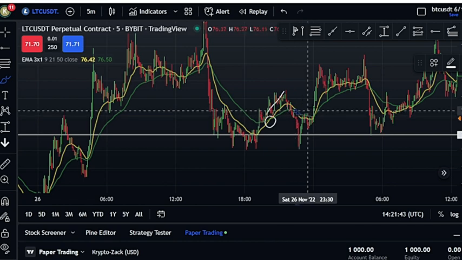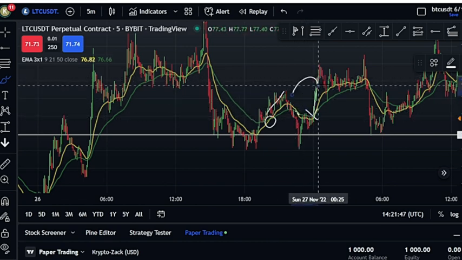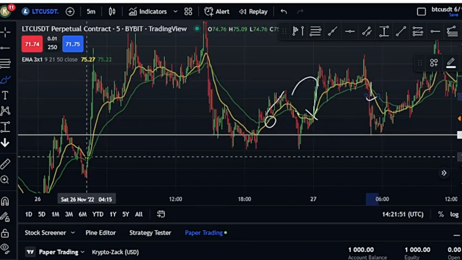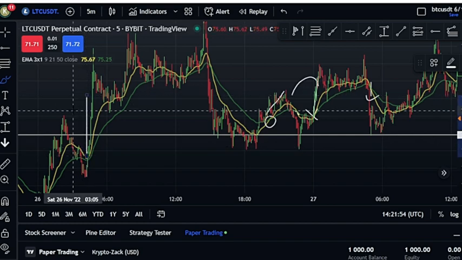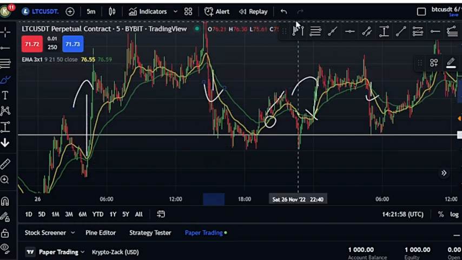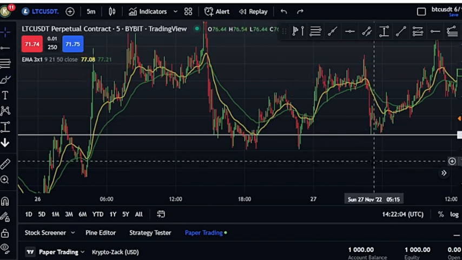Then we crossed again here up, and then another move up, right? Move down. Whenever the yellow is above the green, we go up. Yellow below green, we go down. So now this is clear, and we're gonna use this one indicator here, which is the EMA.